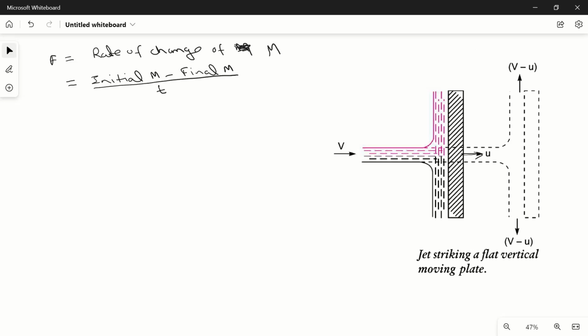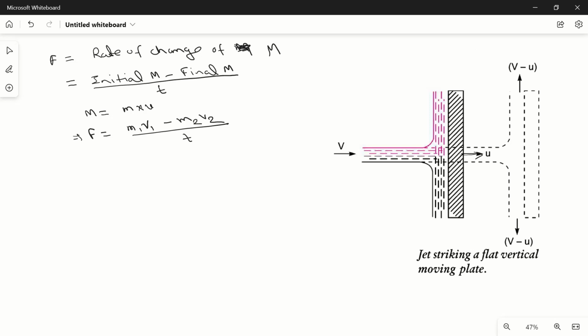Okay, so we know that momentum is equal to mass into velocity. Now F will be equal to initial momentum m1 v1 minus m2 v2 divided by time.